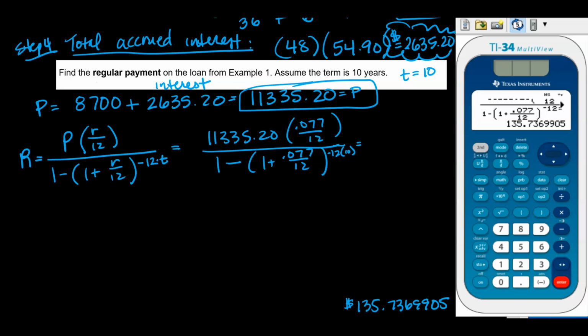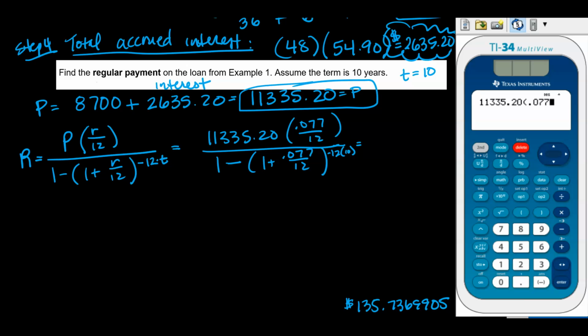So that's one option. If you don't have this kind of calculator with that button, then this is what you're going to do. You're going to do the numerator first. I'm going to plug in 11,335.20, and I'm going to do this without the fraction button. So I'm going to put parentheses, 0.077. Whoops, too many zeros. So I'm going to go back and delete this extra 7.